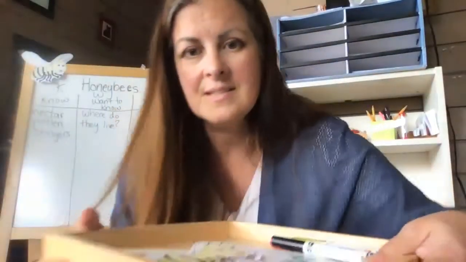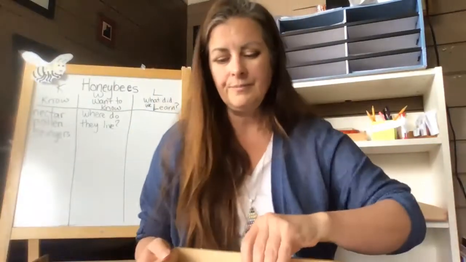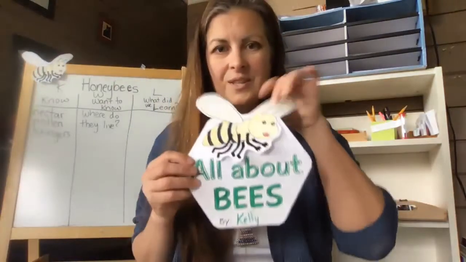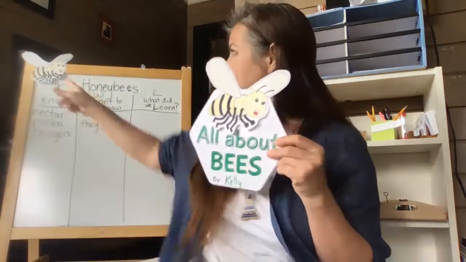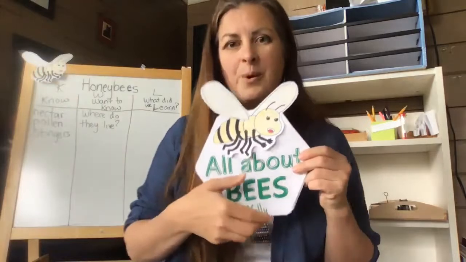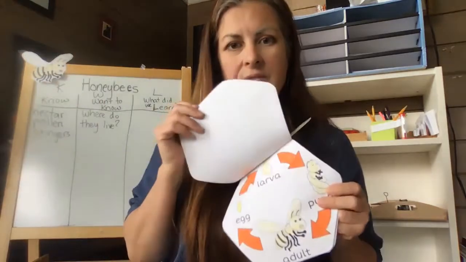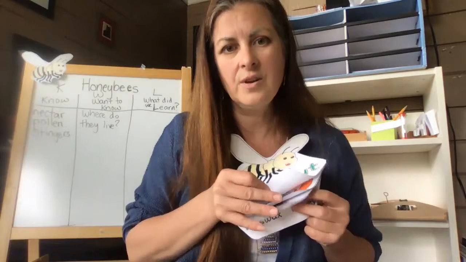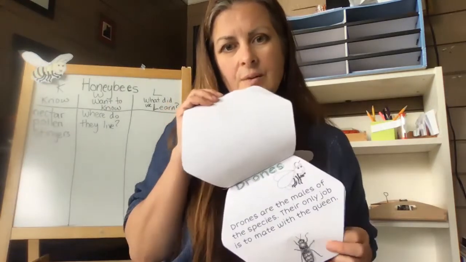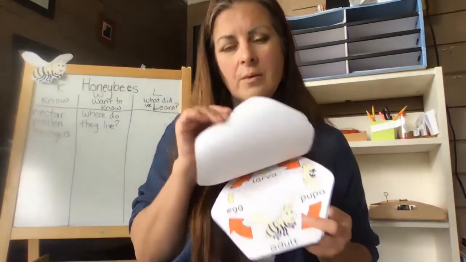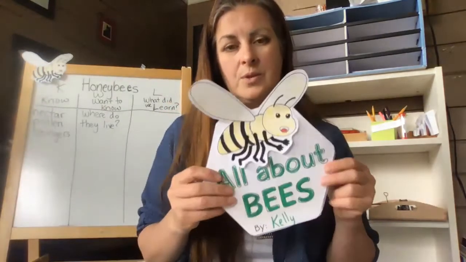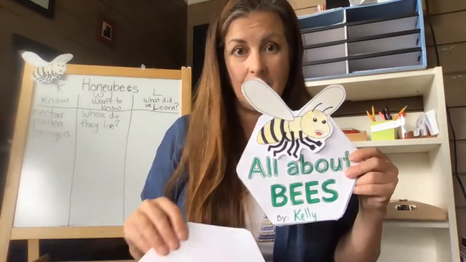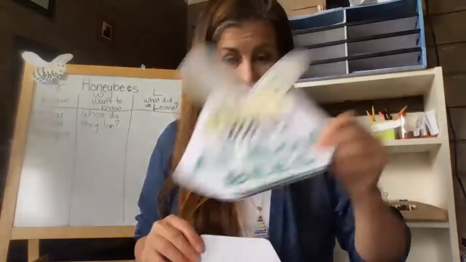So here is a little book all about bees, and it's really cute. And you can see I made another one for up on my board. It has a lot of information in here. I just colored and made sure that you could see everything really well. But what I would do is have my example on the tray.